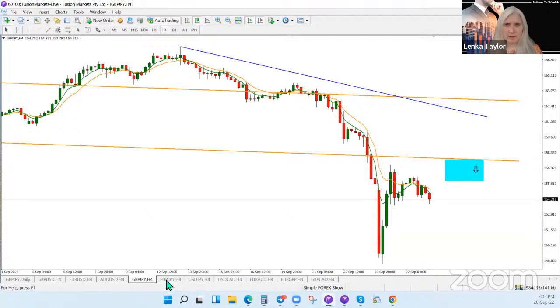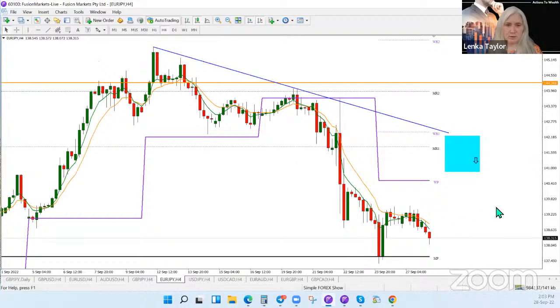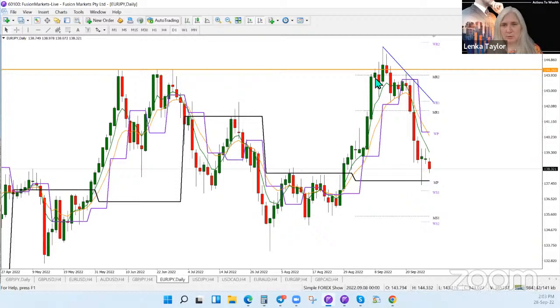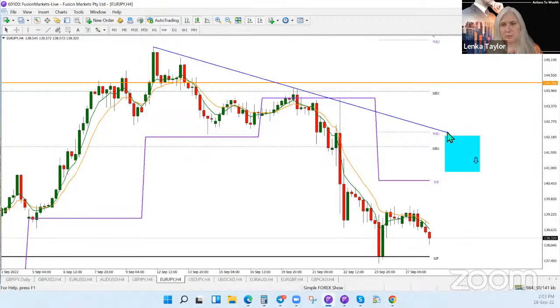Next currency pair I'm looking at is EURJPY, and EURJPY also looking for short. So we've got that short downtrend there. We are at a level of support, so looking for any pullback to the top of the trend line there, or anywhere.